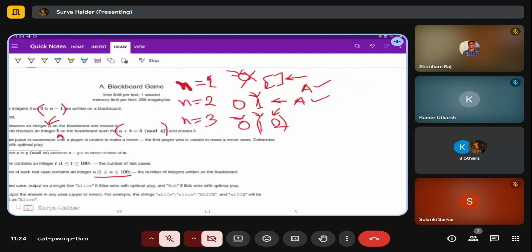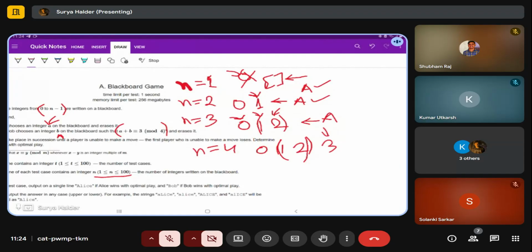So I can consider 1 and 2 as a group: if Alice picks up 1, Bob picks up 2, and if Alice picks up 2, Bob picks up 1.